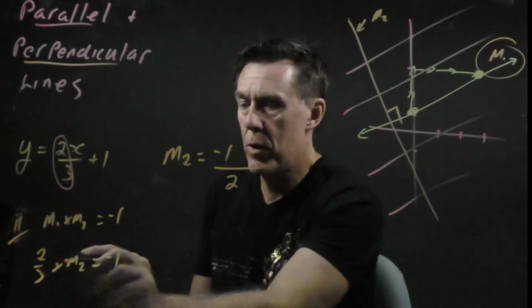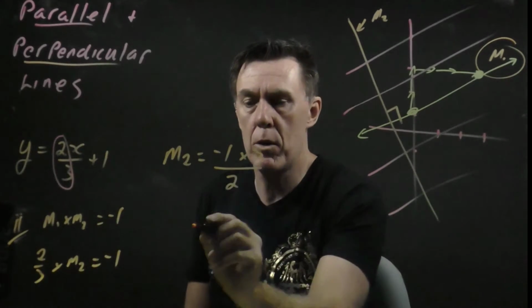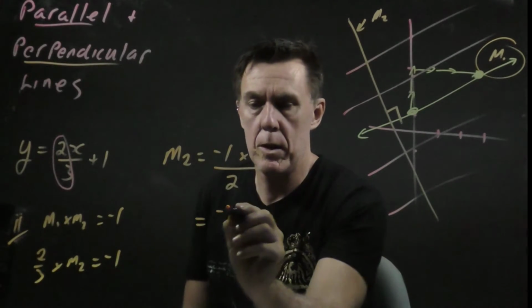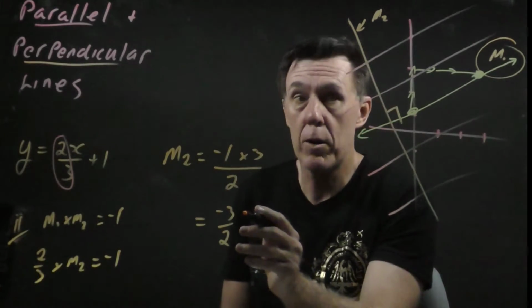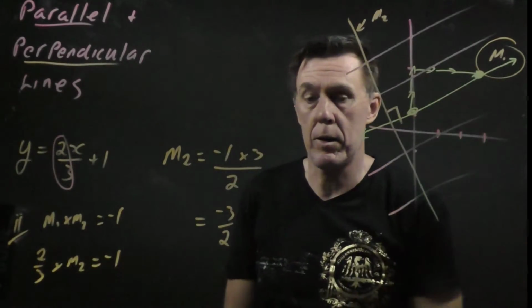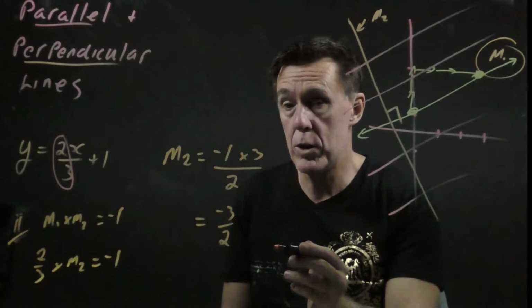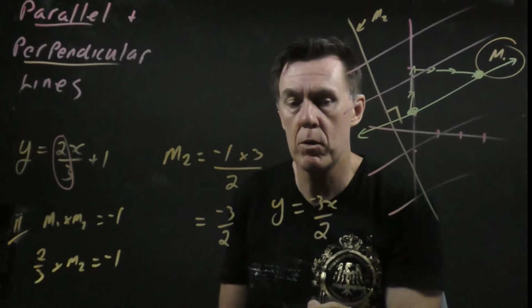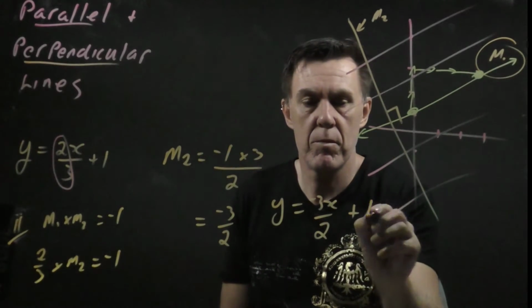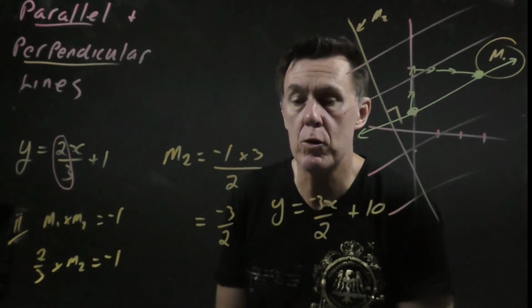My divide by 3 comes over to become multiply by 3. So -3 on 2 will be the gradient of any line that's perpendicular. So once again, if I want its equation, it's going to be y is equal to -3x on 2 with any constant added on the end that you want.